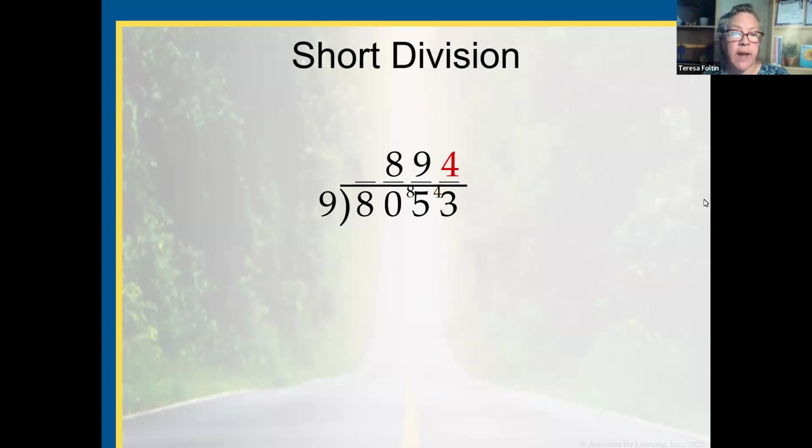All right. So now I'm looking at 43. 9 goes into 43 4 times with a remainder of 7, right? So since 4 times 9 is 36, I figure out the difference between 43 and 36, and that's 7. And I write the 4 in the ones column and the remainder of 7 off to the side there.